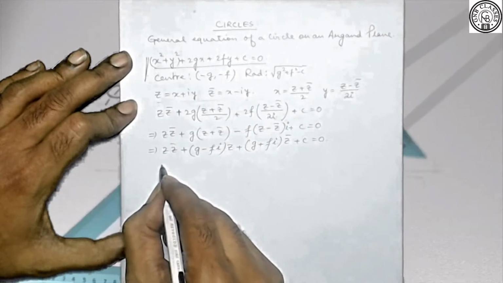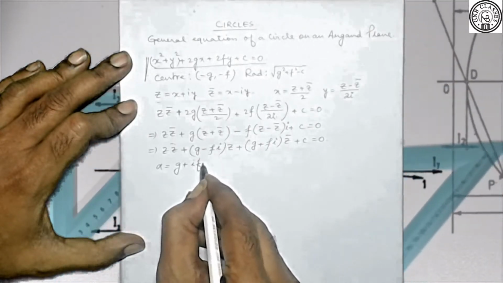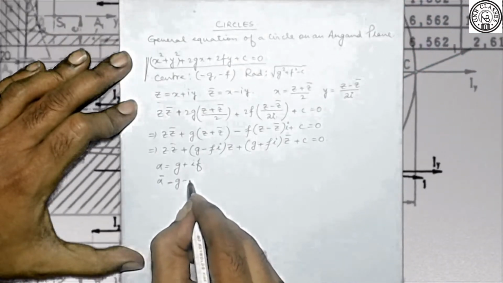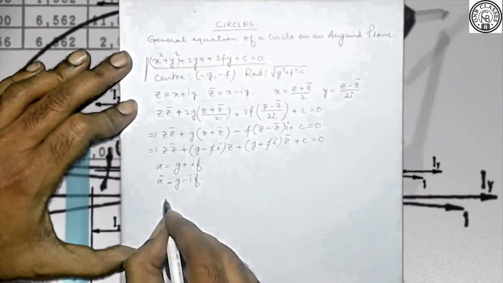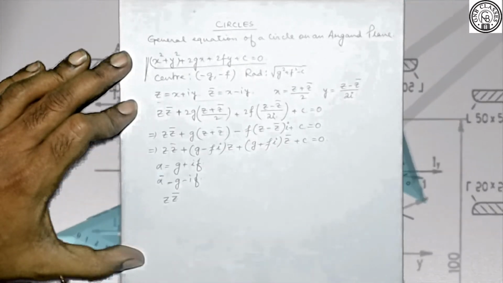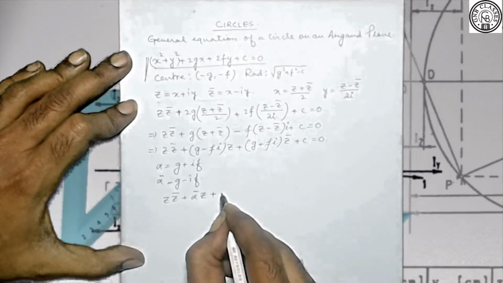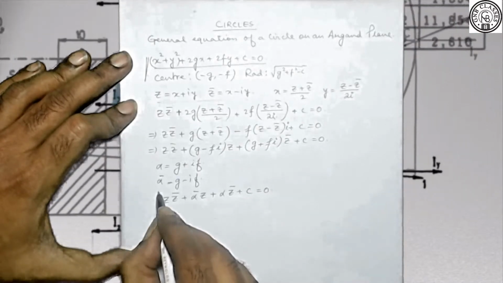Let me denote alpha by g plus iota f. Therefore, alpha bar will be g minus iota f, correct? Therefore, the equation becomes z z bar plus alpha bar z plus alpha z bar plus c equals to 0.